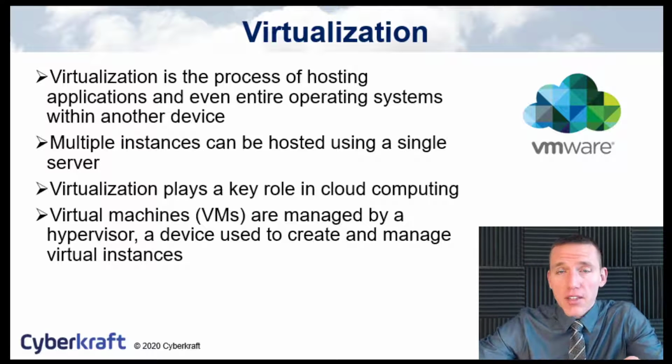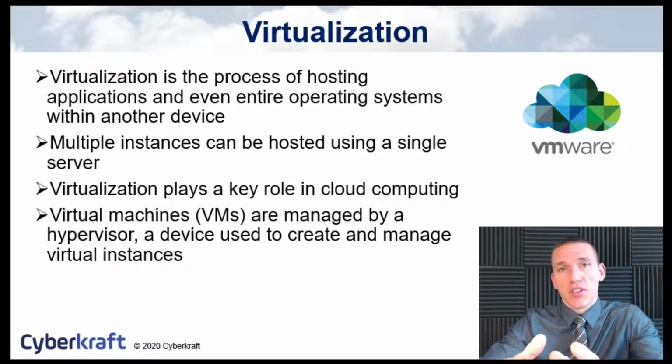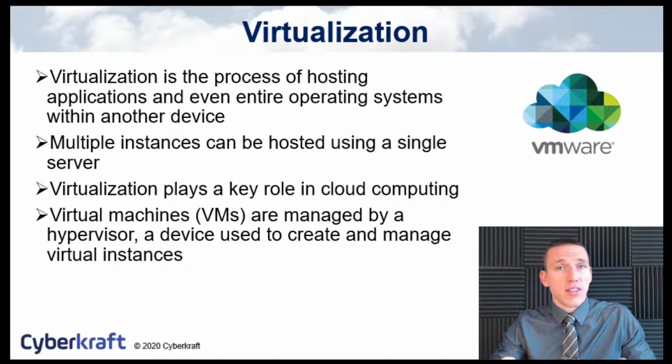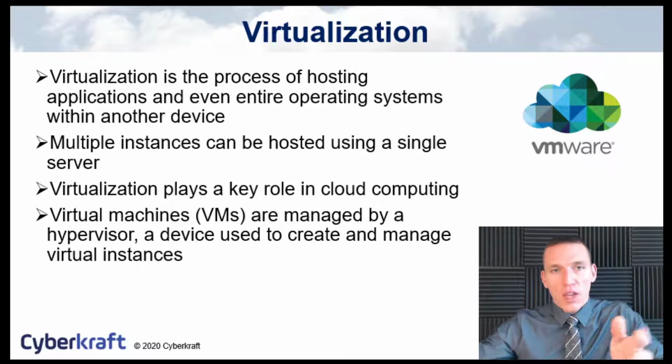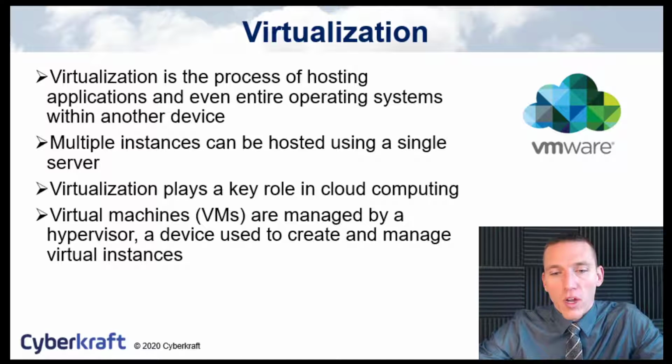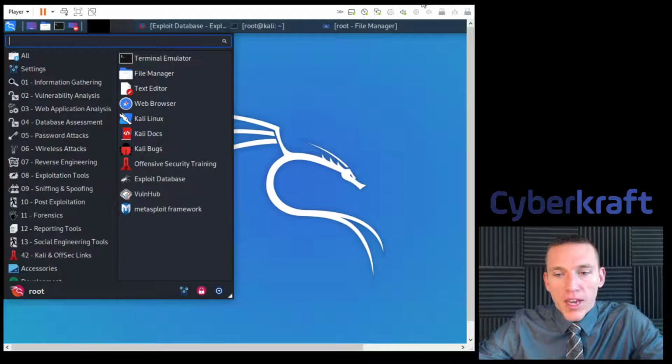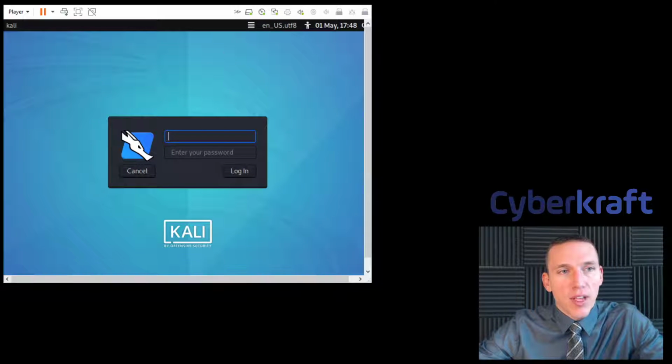So virtual machines are machines or operating systems or devices, it can be entire computers, that are managed by a hypervisor and created to create virtual instances. One good example is VMware. If we look at VMware, right now I have a Kali Linux operating system.